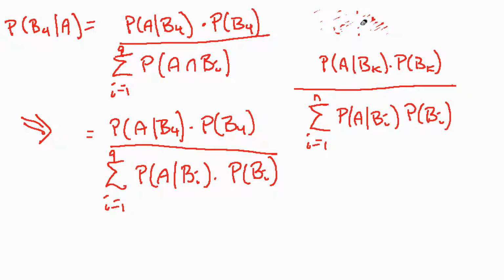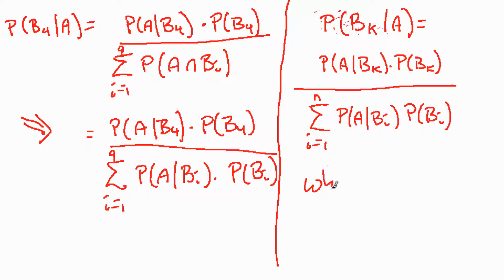One minute here, and we'll get it right. This is the probability of B sub k given A is equal right over there, where 1 is less than or equal to k is less than or equal to n. Okay? This is Bayes' formula right here.